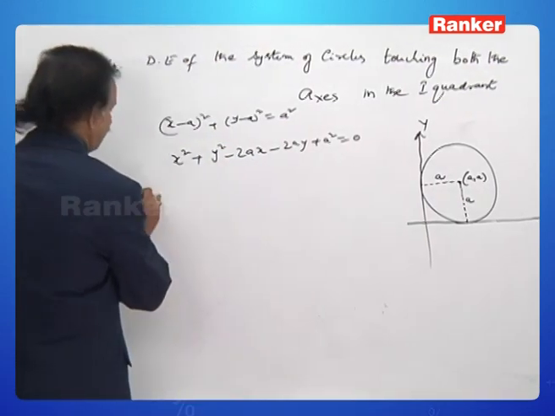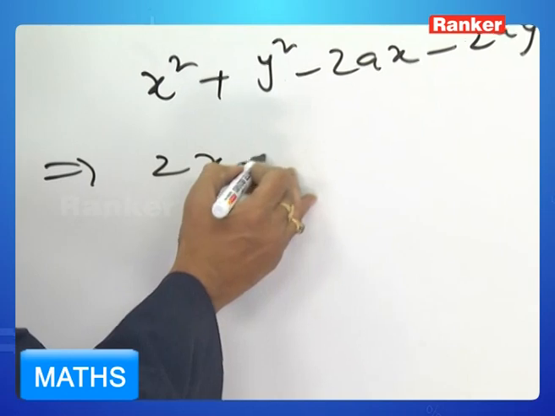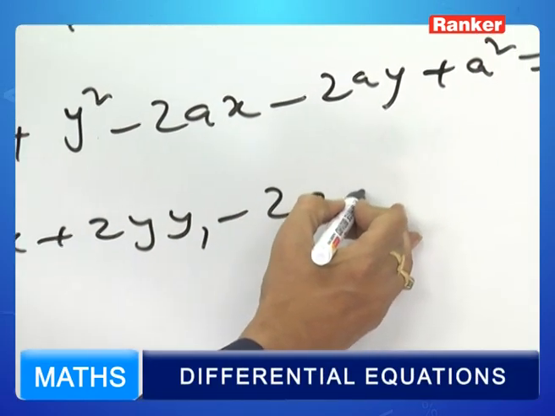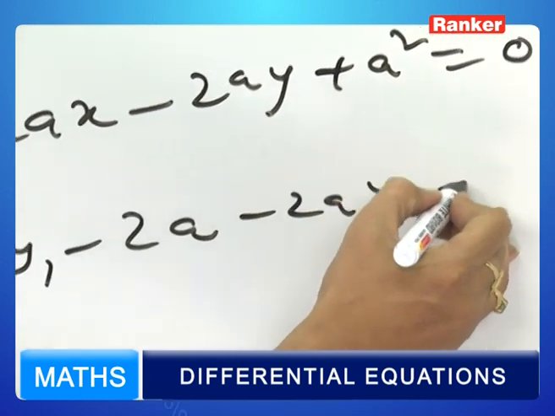What happens? 2x + 2y y1 − 2a − 2a y1 = 0.